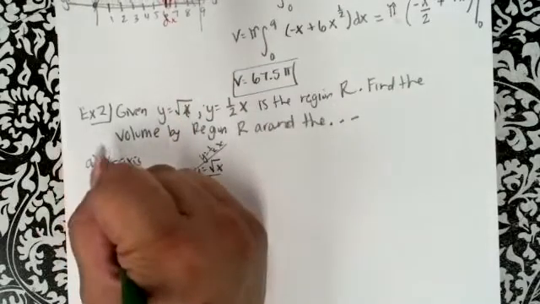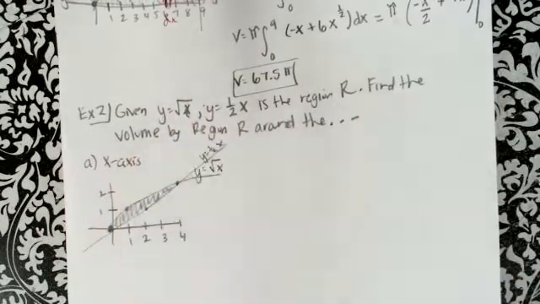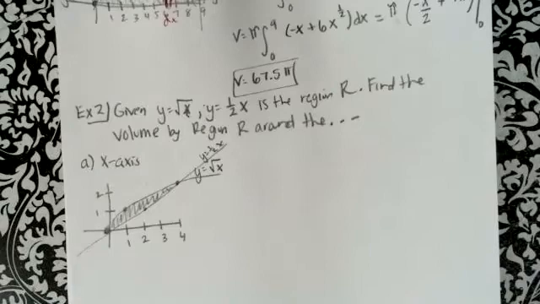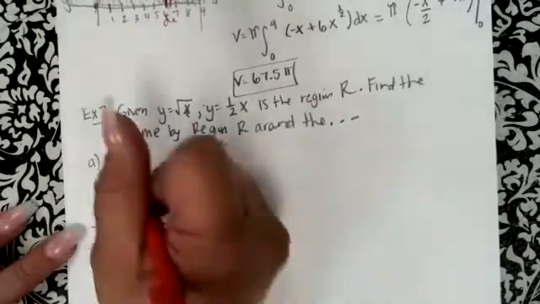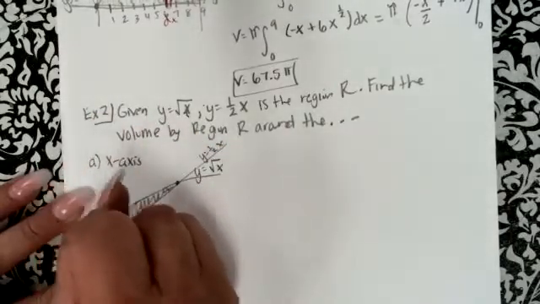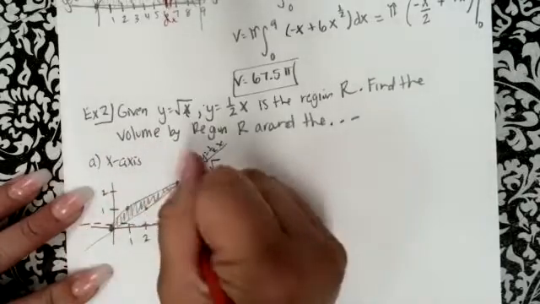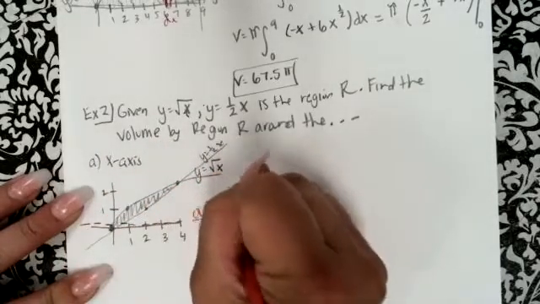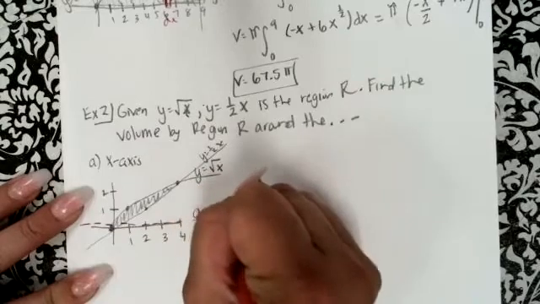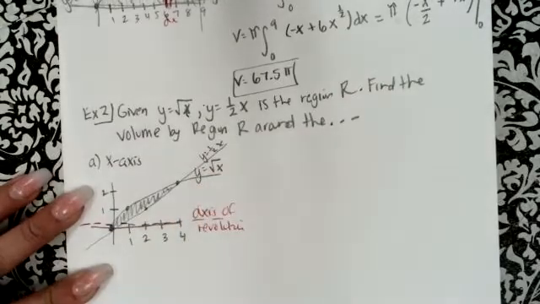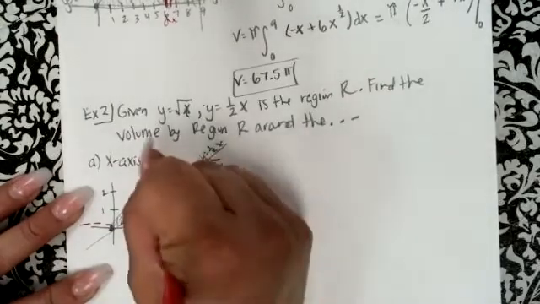So it's talking about this region right here. And the axis of revolution is going to be the x-axis on this one, which happens to be the line y equals 0.